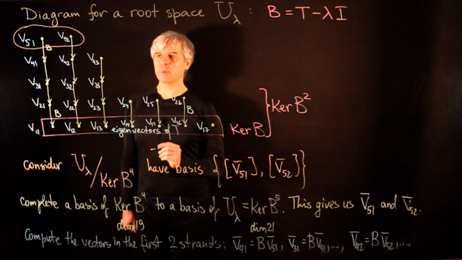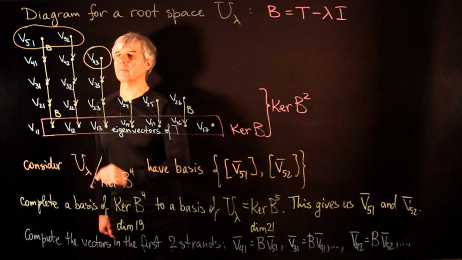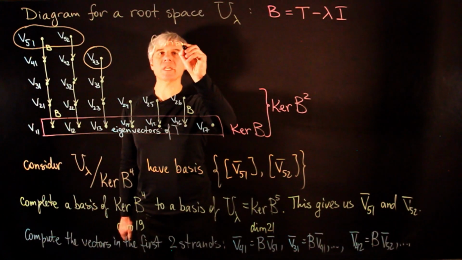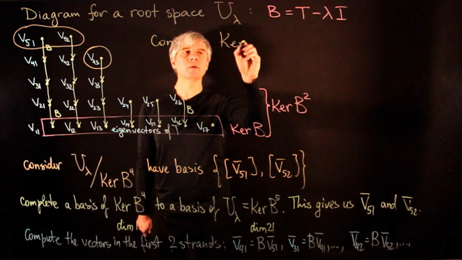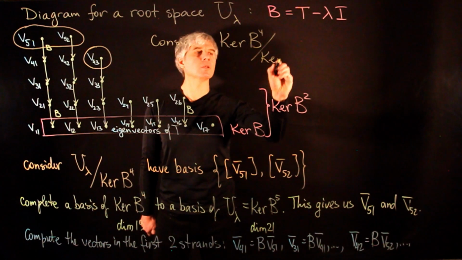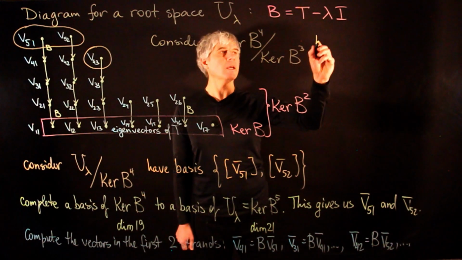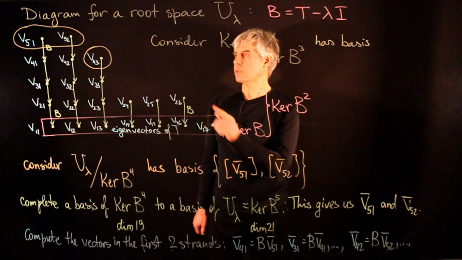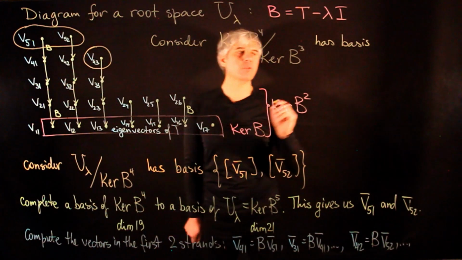As our next step, we want to identify the top vector in the third strand. To do this, we consider the following quotient space. Let us take the kernel of b to the power 4 quotient by the kernel of b cubed. This quotient space has the following bases. These will be equivalence classes of the vectors that sit at level 4.